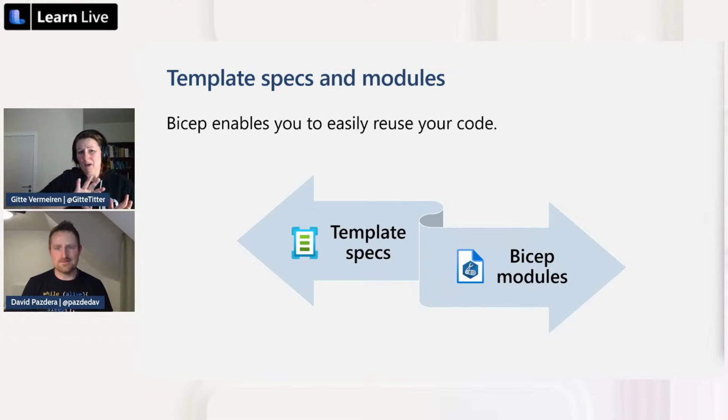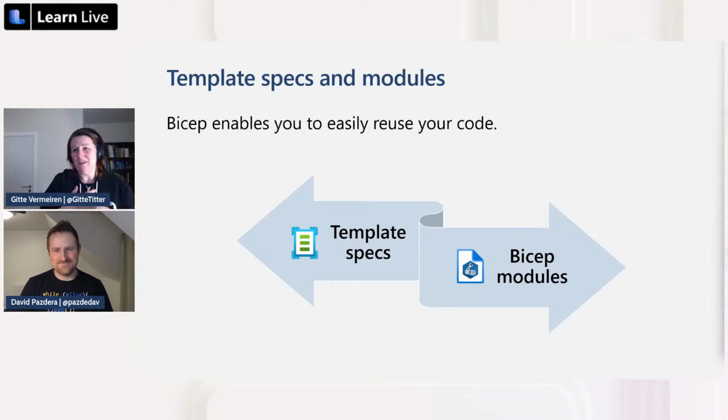Now, modules, on the other hand, there you shouldn't think solution. For a module, you should rather think of how you set up one service, though sometimes it can be a bit more.